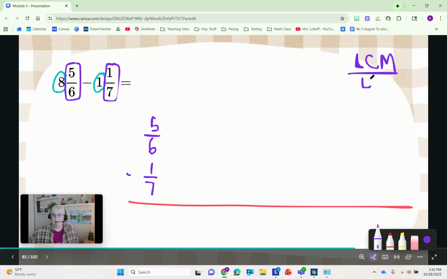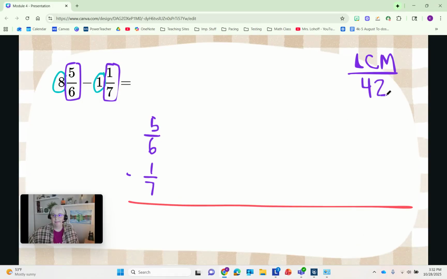I'm going to put that here so I don't forget. Then these fractions need to be changed so that both denominators are 42 and we can subtract. To go from 6 to 42, we multiplied 6 times 7, so I need to do the same to the top.